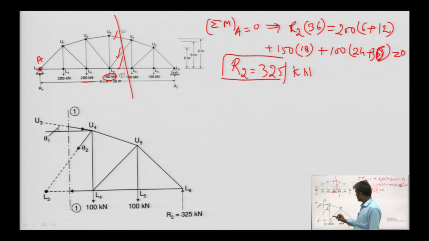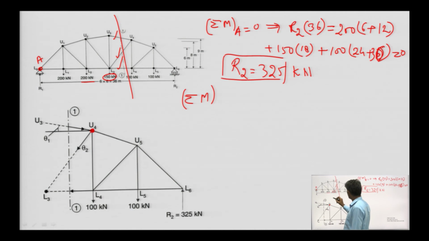In this part, which one point moment do we need to calculate? It will be better to apply the equilibrium condition at this point, so take moment about this point.